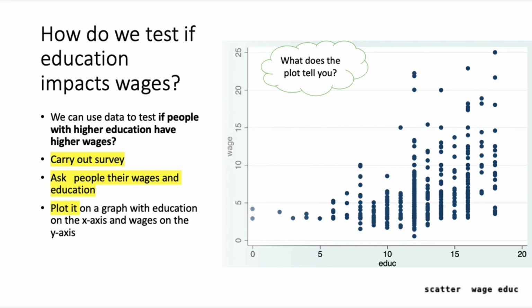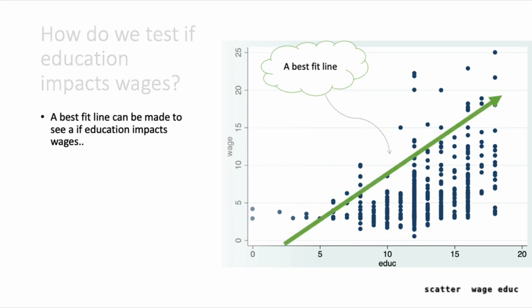When I see this plot, I feel as if people who have low education have lower wages, and as their education goes up, we see their wages going up. And the best way to look at this is to draw a best fit line that cuts the data into equal halves.